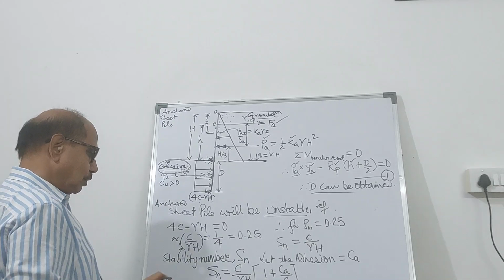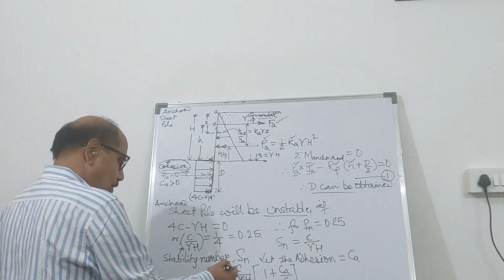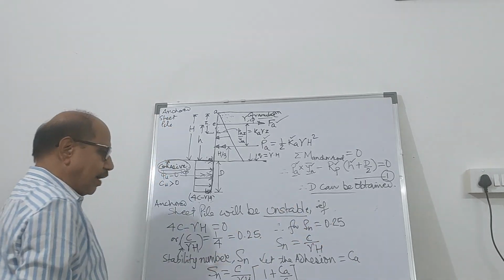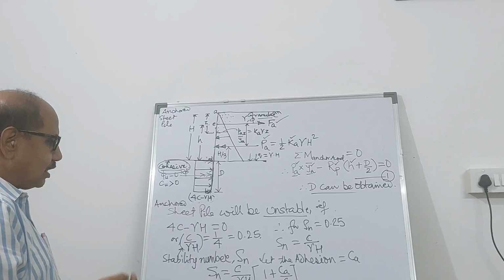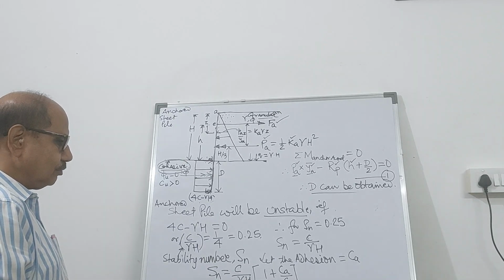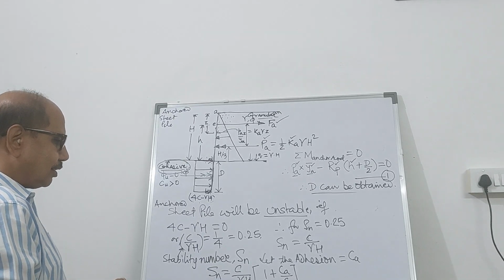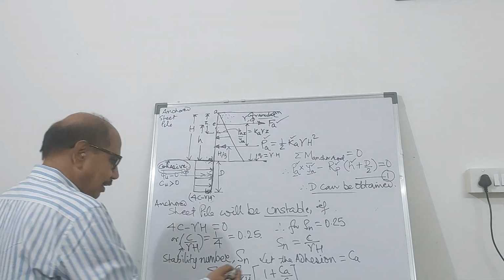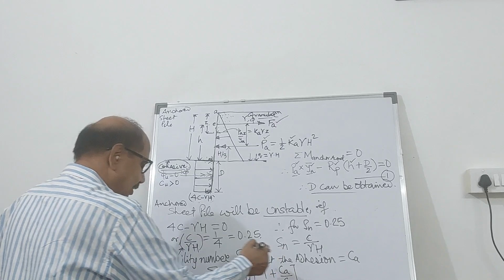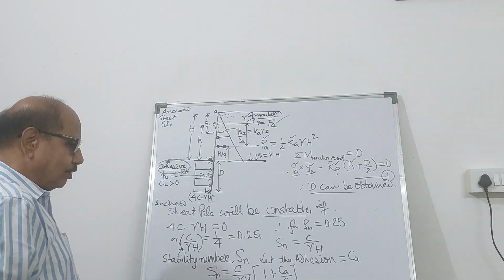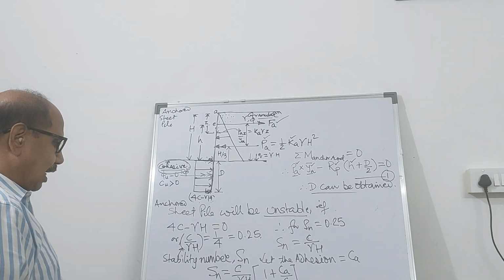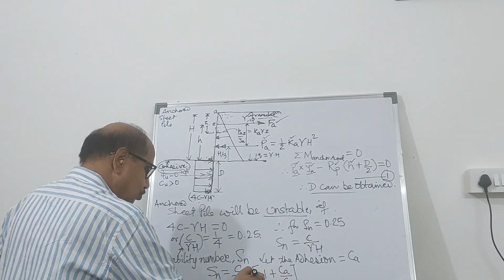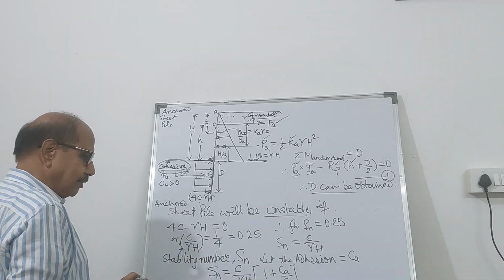Now, if it is going to be 0.25, it is going to be unstable, it is a critical condition. So therefore, you can see here that if Ca divided by C becomes 0.25, then this value becomes 1.25.